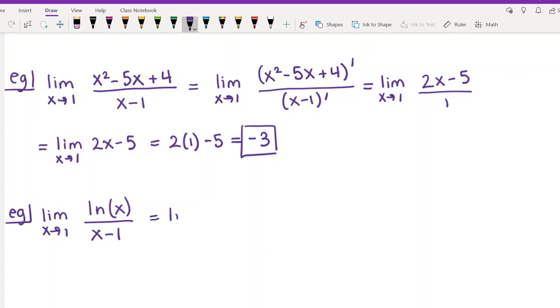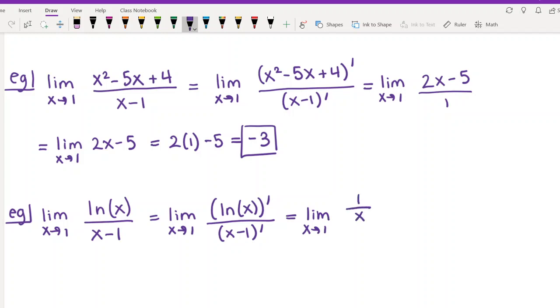So this tells us that we want to take the derivative of the top, derivative of the bottom, and that gives us the limit as x approaches 1 of 1 over x over 1.